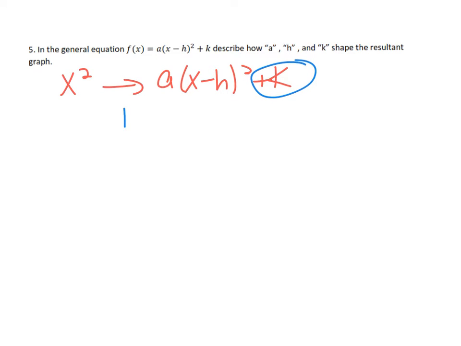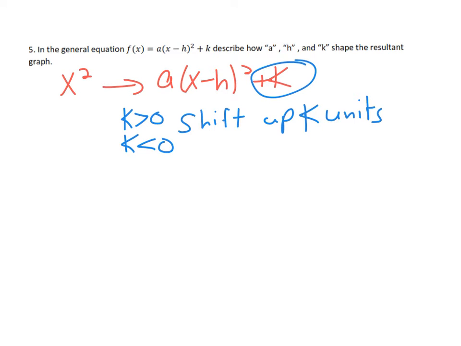So if k is a positive number and I add it, I'm going to be shifting up k units. If k happens to be less than 0, then I'm going to be subtracting k, so I'm shifting down k units.